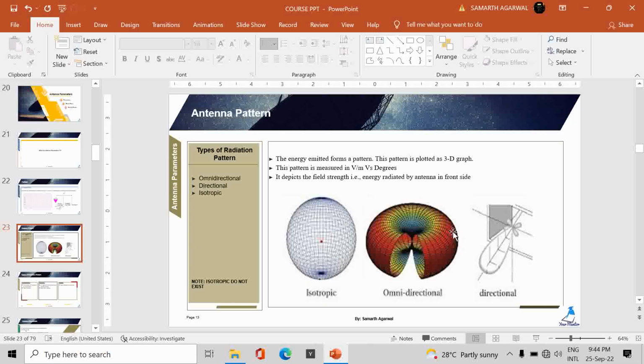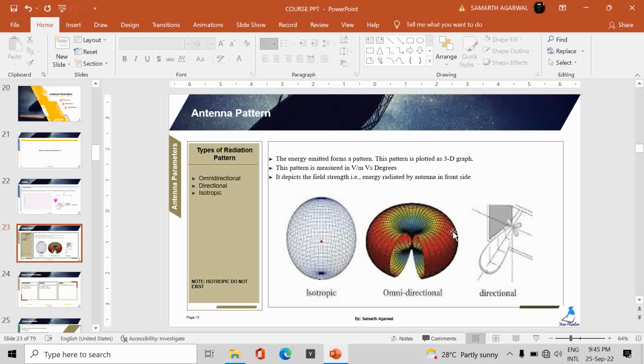Isotropic is a kind of theoretical antenna, because I'll discuss why it is a theoretical antenna and not a practical antenna. Then the omnidirectional antenna gives an omnidirectional pattern, and a directional pattern means most of your radiated power is contained in the main beam. Okay.